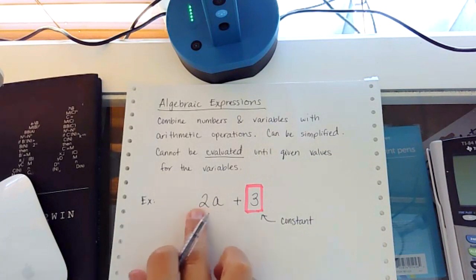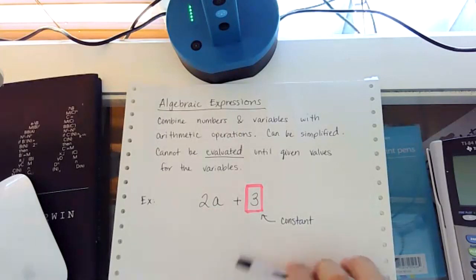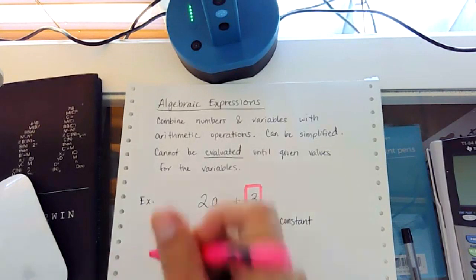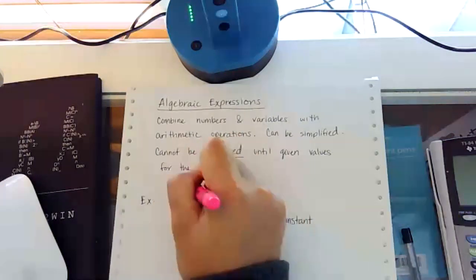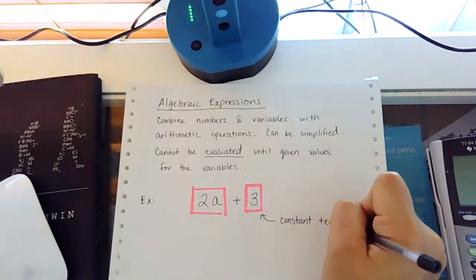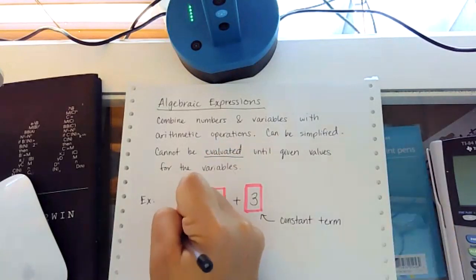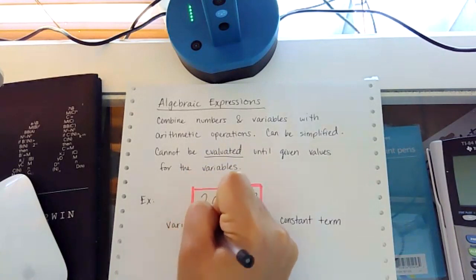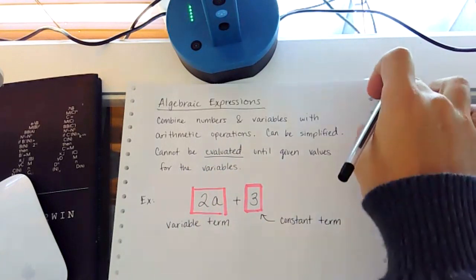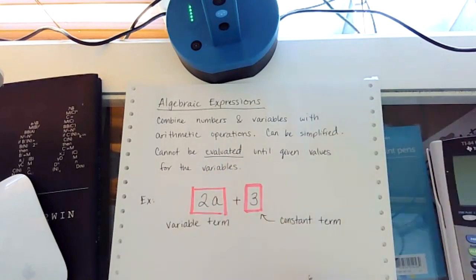But this quantity over here, its value can change because it depends on what the variable's value is. So we call this a variable term. Let me call this a constant term, and I call this a variable term. And what do I mean by the variable term can change?